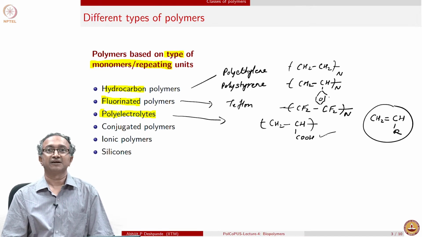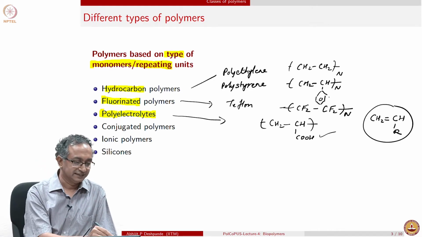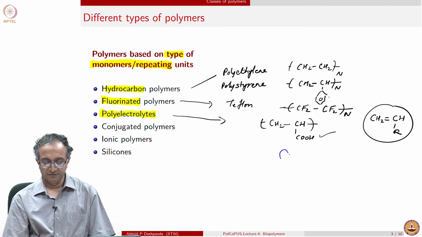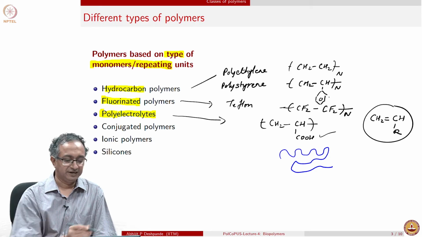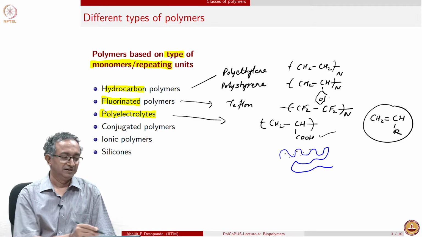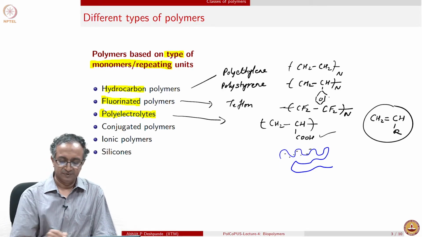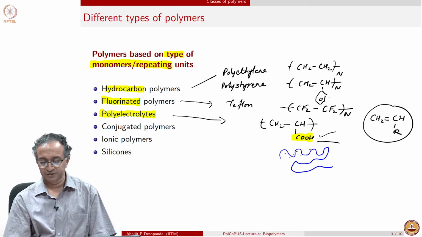And this particular polymer, if I visualize it, the polymer chain will have, let's say, a coil-like structure, and then periodically along the chain there are all these negative ions. And where do these negative ions come from? They come from this COOH group. Basically, the COOH group can dissociate.